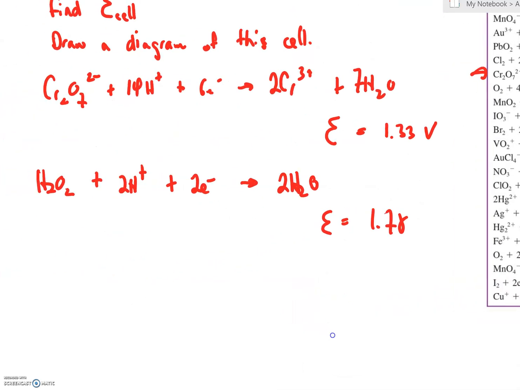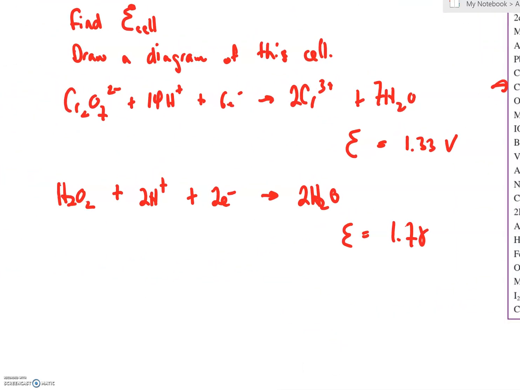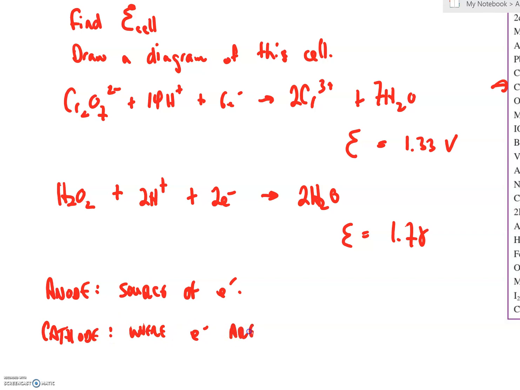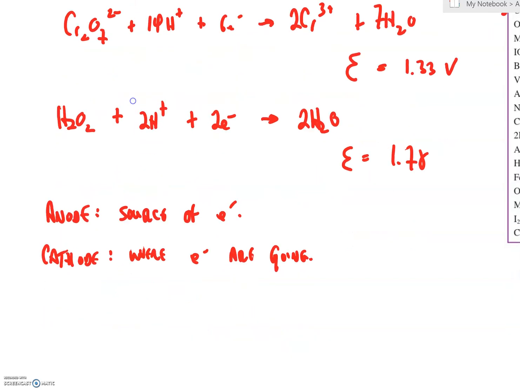Okay, so we want to determine which of these two reactions is the cathode and which is the anode. Let's remember the anode is the source of electrons and the cathode is where the electrons are going. So what we want is to find out which of these we're going to run backwards.